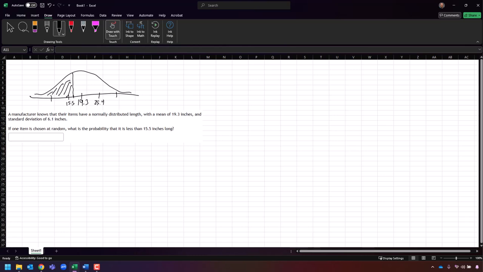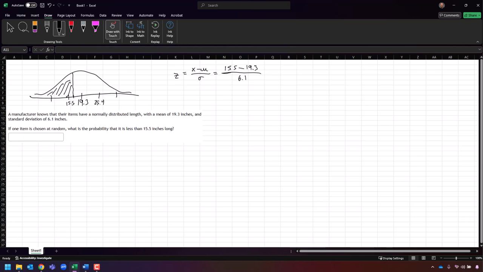Now, we know a couple of things. Our z-score is equal to x minus mu over sigma. In this case, we have 15.5 minus 19.3 over 6.1.